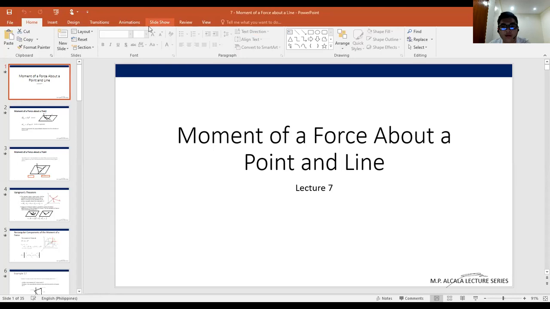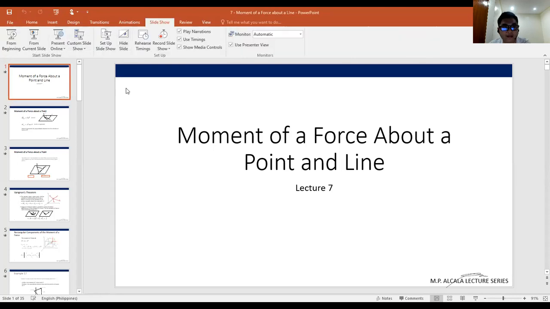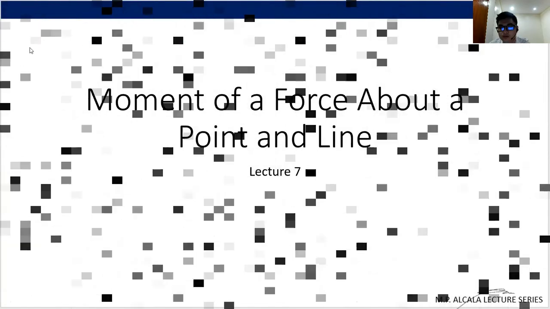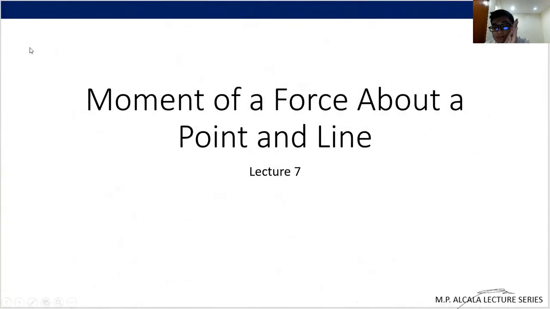So, moment of force about a point and a line. We have already talked about in the previous lectures what a force has to do in order for you to have a moment: the ability of a force to produce rotation or bending or flexure.